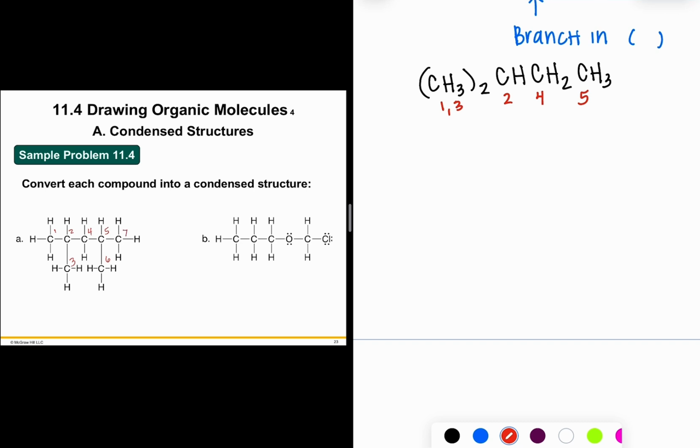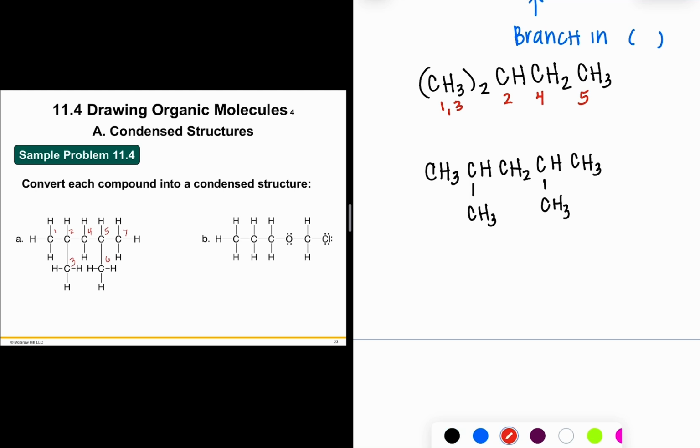There's a couple of ways to do A. For A, I can write CH3, CH, and I can draw the branch here, CH3, CH2, CH, CH3, CH3.